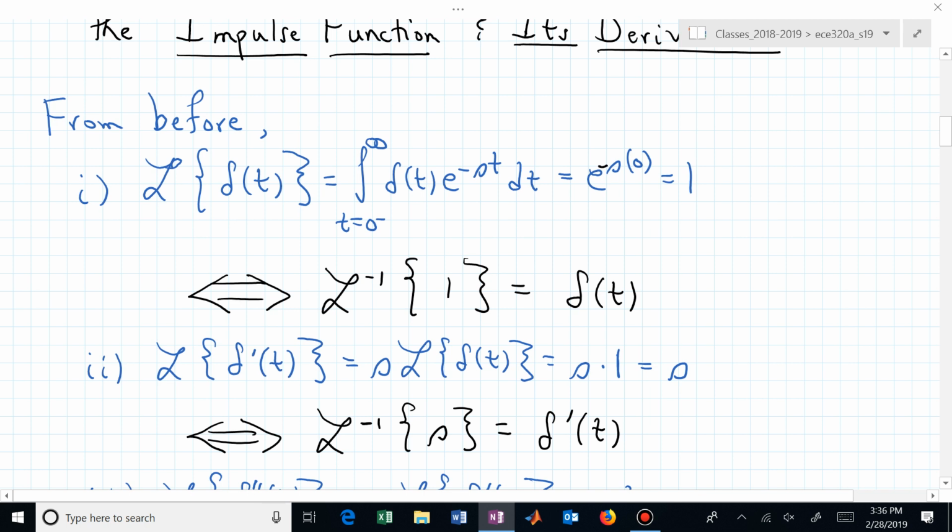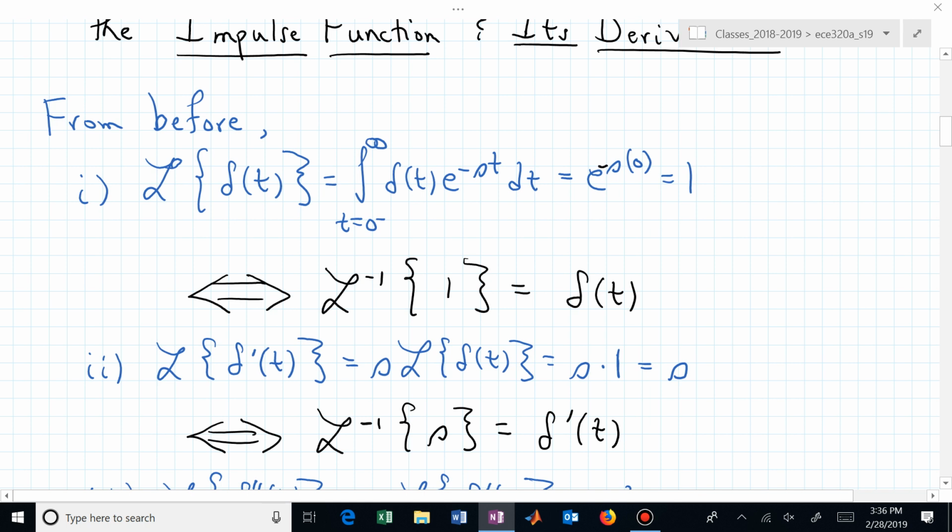But this impulse happens right at 0, and the initial condition would be to the left of that. So it's now s times the Laplace transform of this impulse, and we just found that to be 1. So now we have s times 1. We can do that math. That's just s.